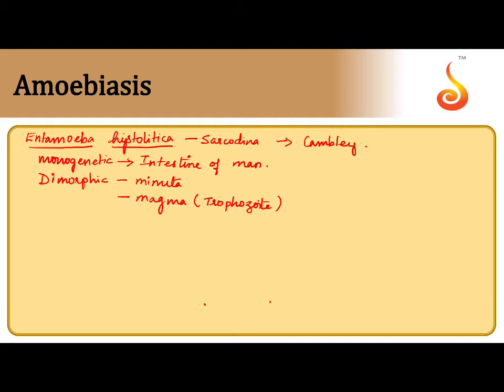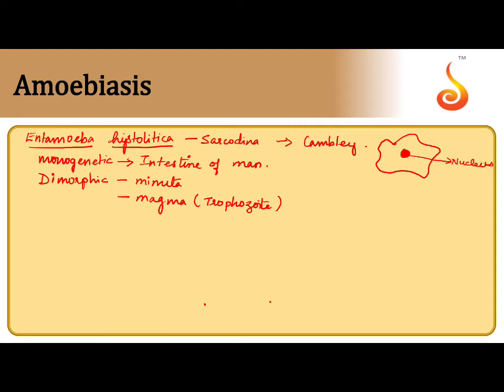So, if you look at the entire life cycle or the entire structure before getting into the life cycle, we understand that Entamoeba histolytica does not have normal structures just like the other protozoans. For example, as I already told you, this comes under Sarcodina and hence it is a pseudopodial form. It has an irregular shape and it has a nucleus.